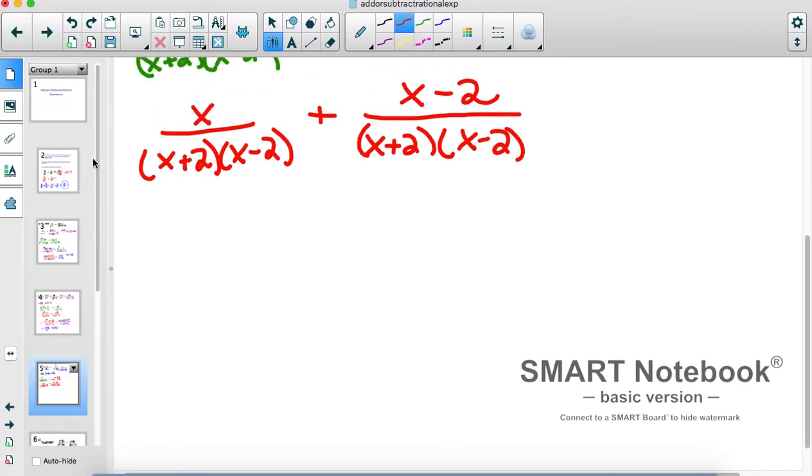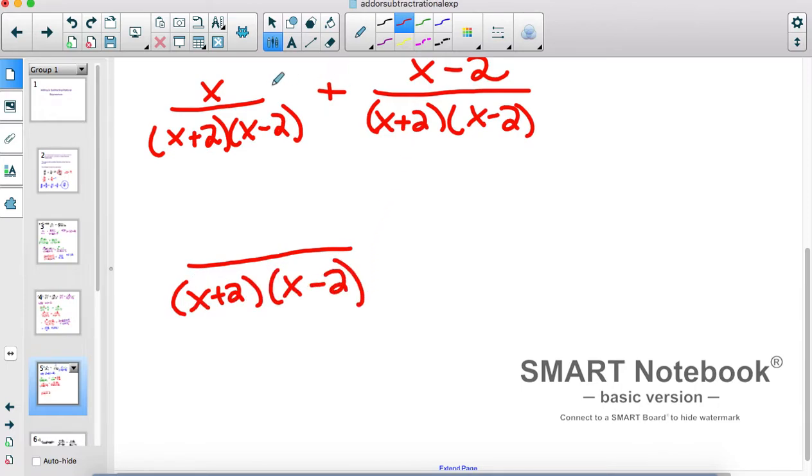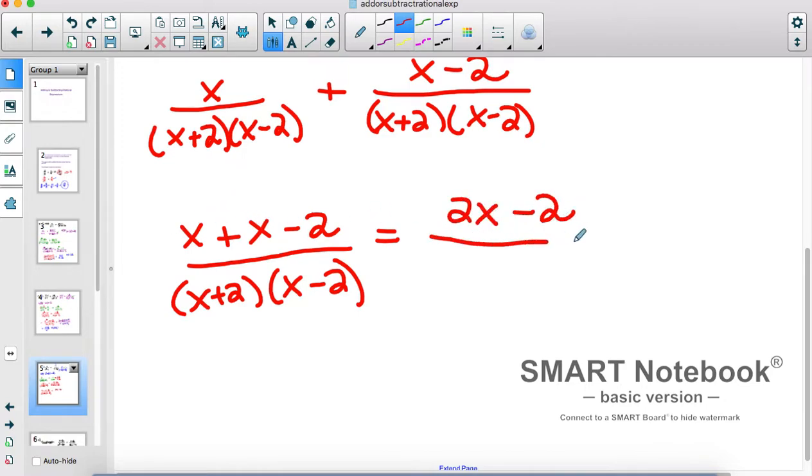Okay, so let's combine them under one fraction. So x plus 2, x minus 2, and the top is going to be x plus x minus 2. Okay, well, what's that? X plus x is 2x minus 2. The bottom is x plus 2, x minus 2.